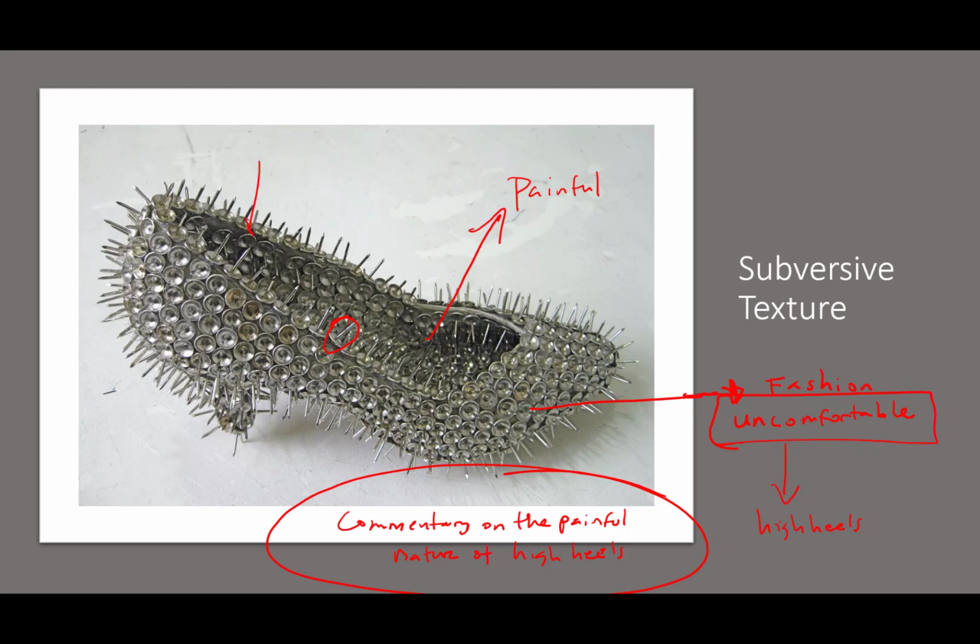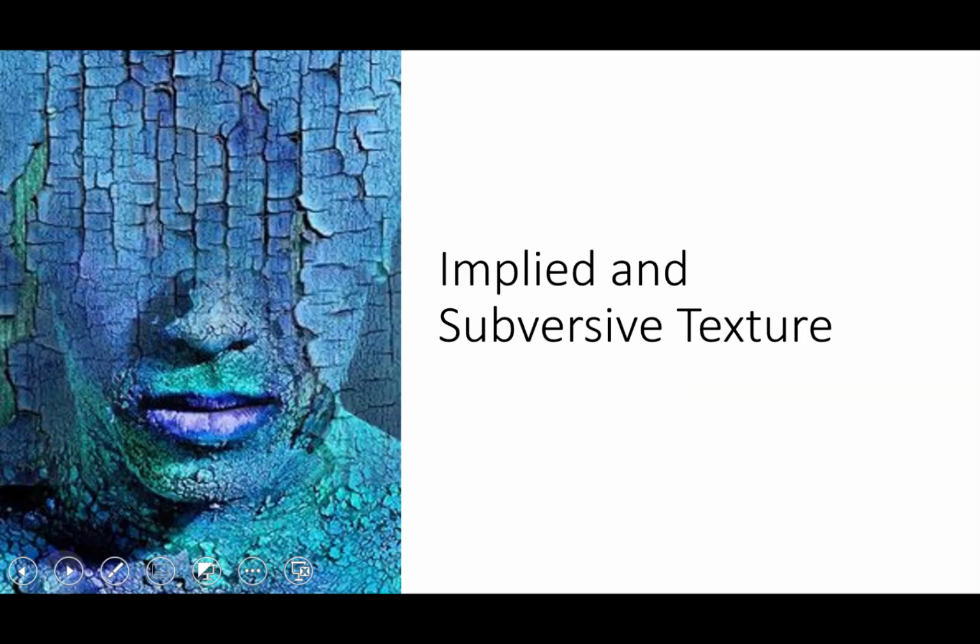But the instant you use a subversive texture that's obviously not a texture that's used for high heels, that gets portrayed. So subversive texture is really good for political commentary on social aspects of society. It's used a lot in advertisements as well because of the nature of what it does.